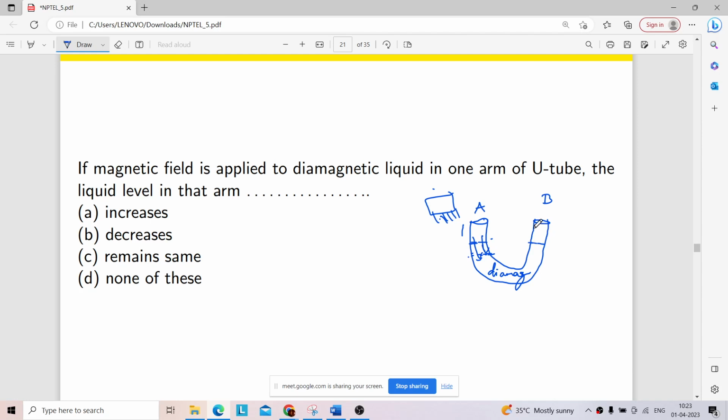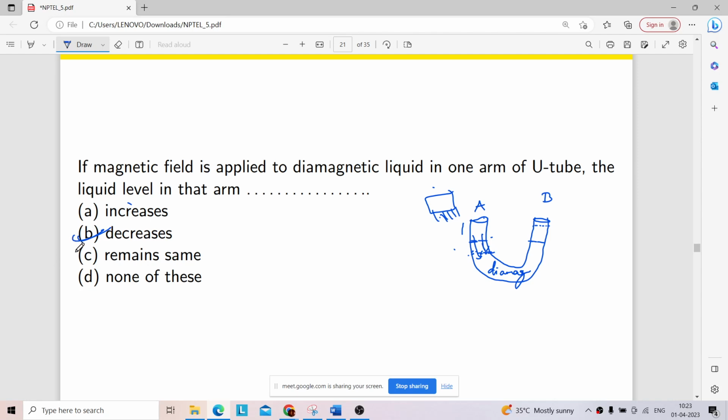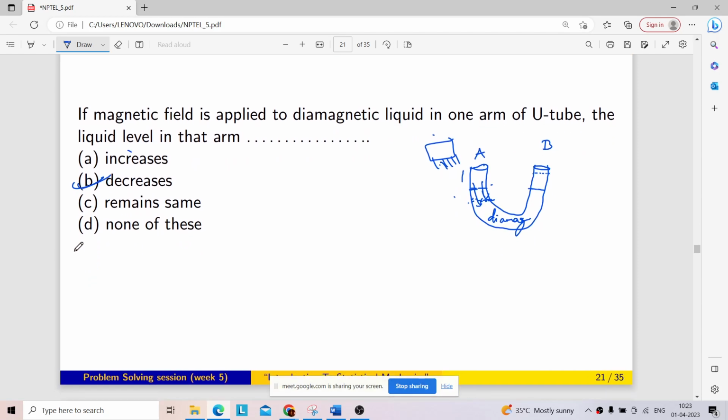Then on this side the level will increase. So on the side where we are applying the magnetic field, the level in that arm will decrease, right? You got it, right?